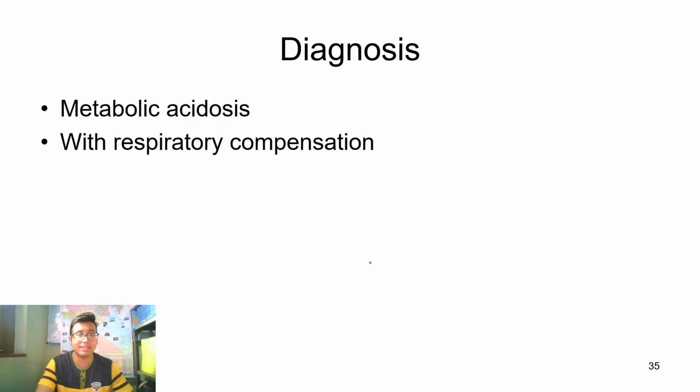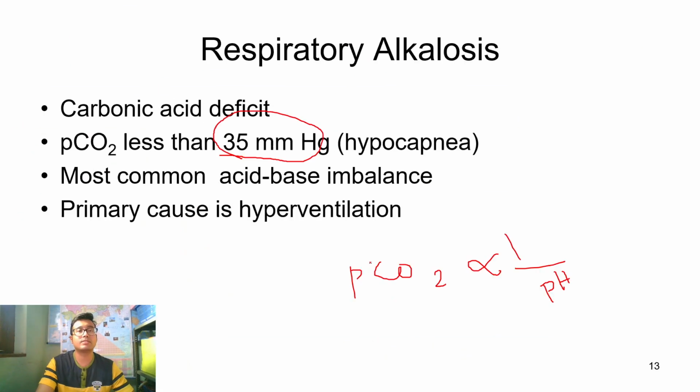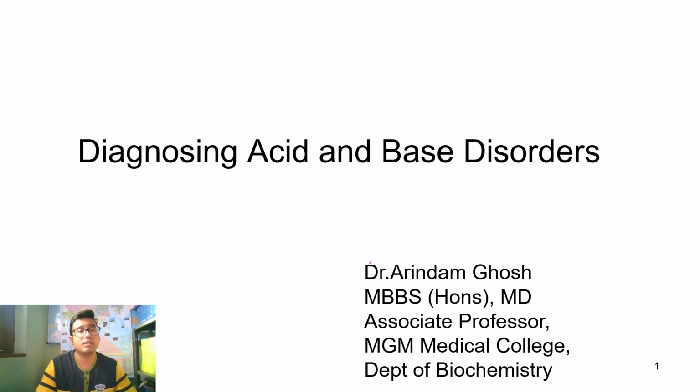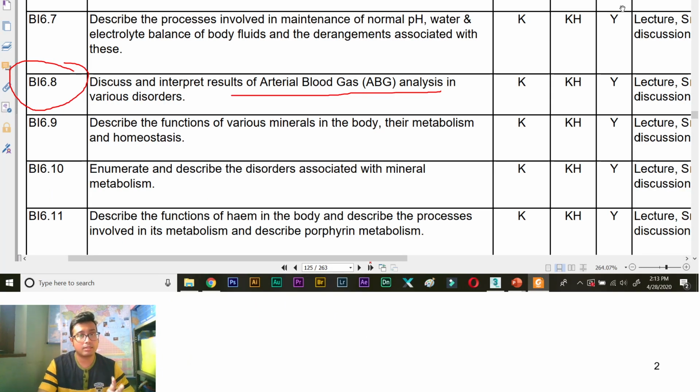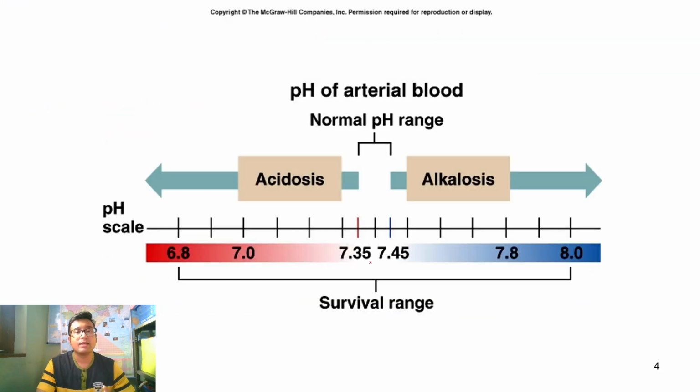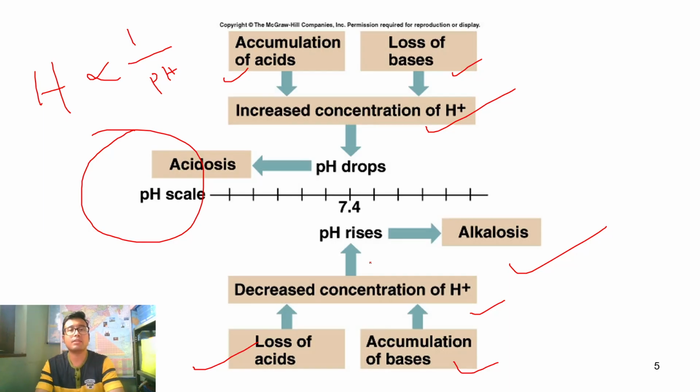Now let us revise what all we studied in this video. The pH normal range is 7.35 to 7.45. pH low can be caused by excess acid or less base.